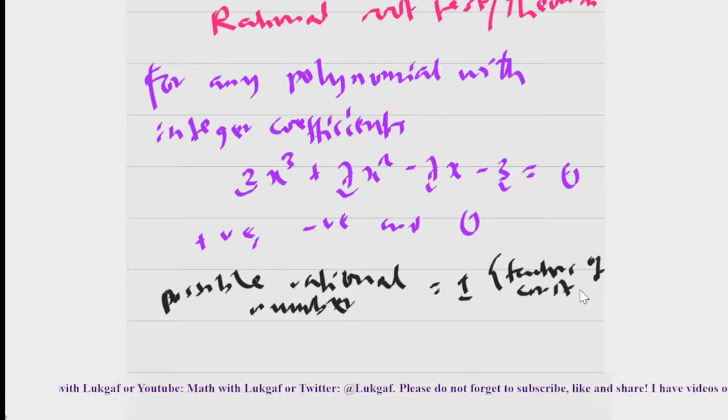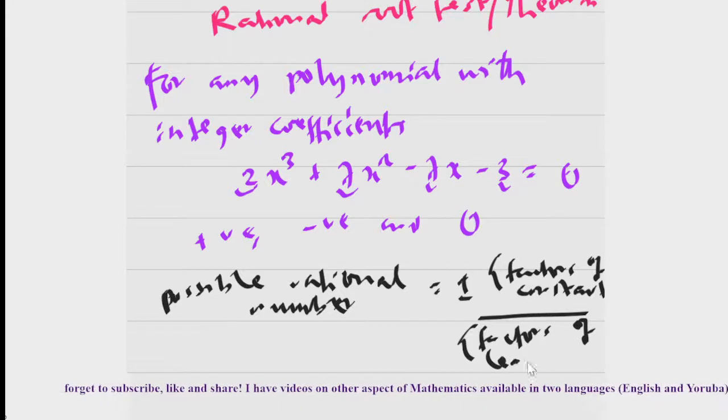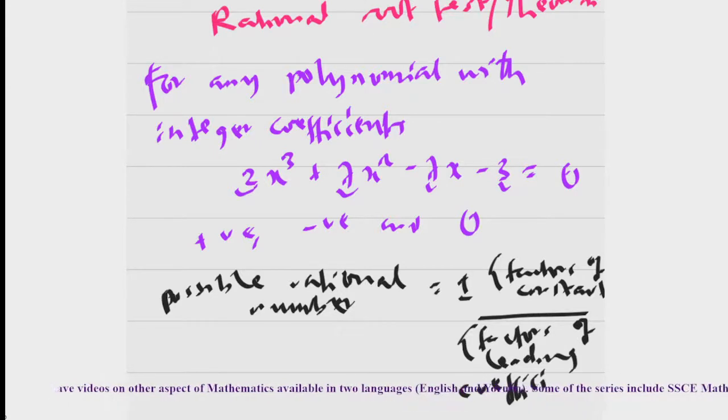You understand now? That is the factors of the constant divided by the factors of the leading coefficient.